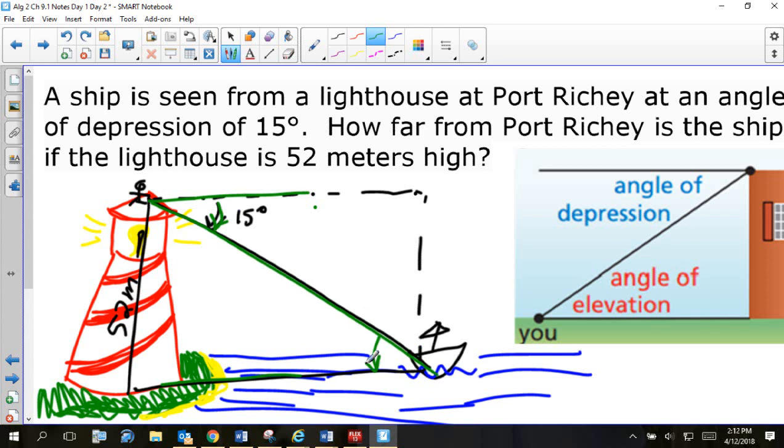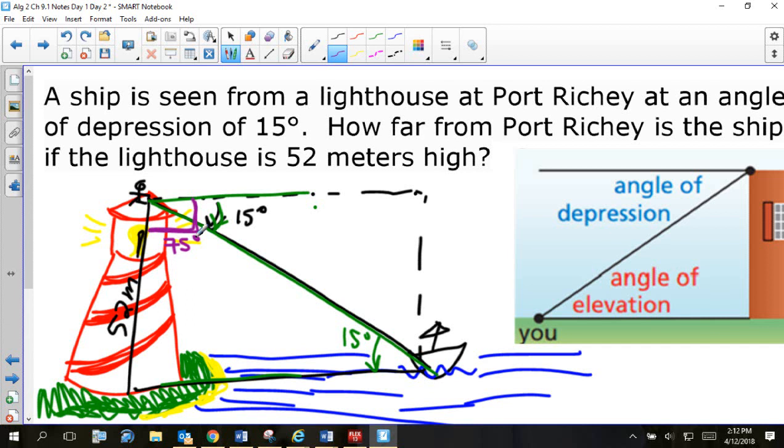That's 15 degrees. Or, if you don't remember that one, even though you should, it's totally important, these two angles right here make 90. So that angle is, big mental math, 75 degrees. So you could use either angle.